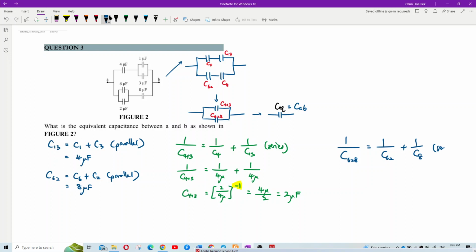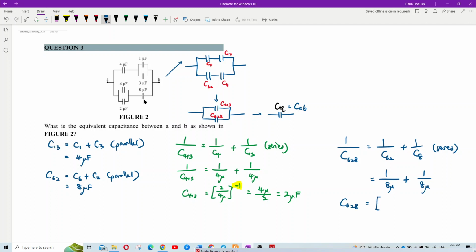C62 is 8 micro, and C8 is 8 micro. To find C628, you need to invert.